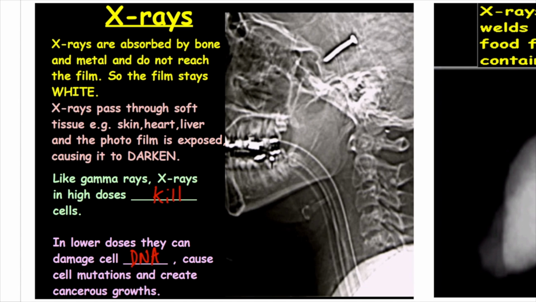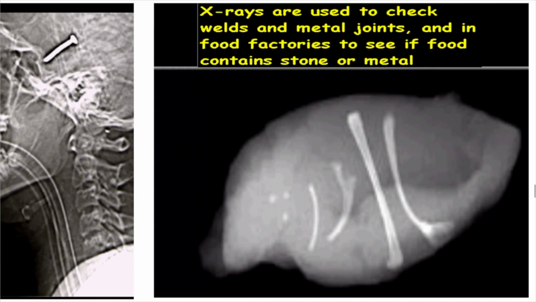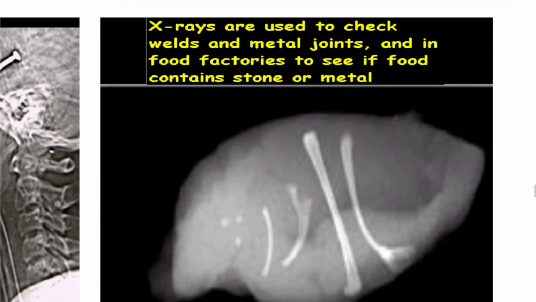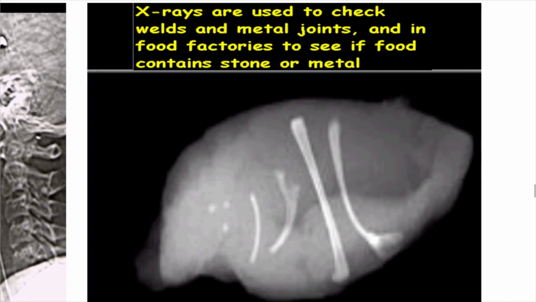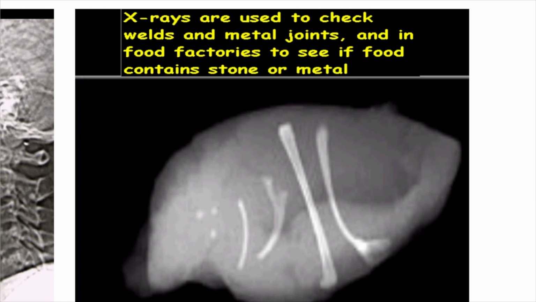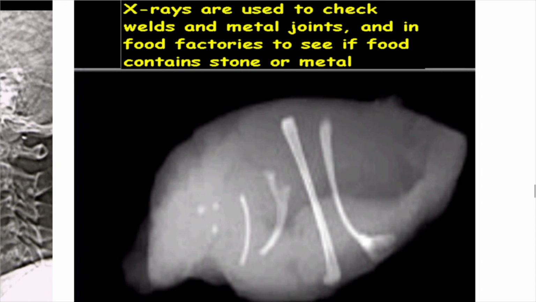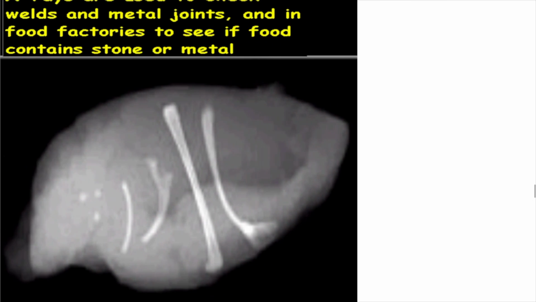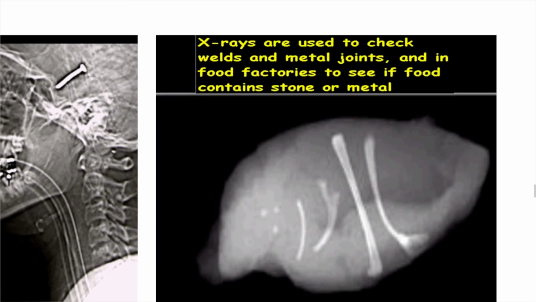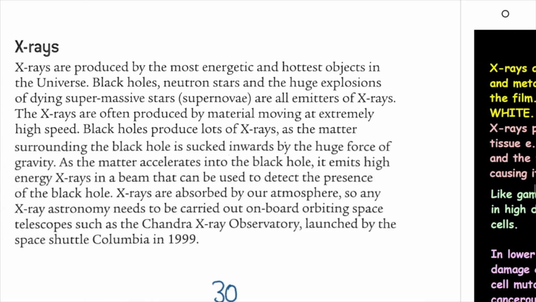So that's why people who work as a radiotherapist need to minimize the amount of exposure to X-rays to avoid damage to their bodies. And as I showed in that video, it can be used to check welds in pipes and general metal work and look for faults.